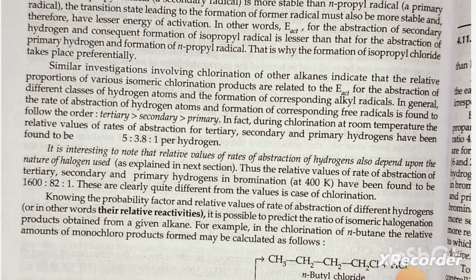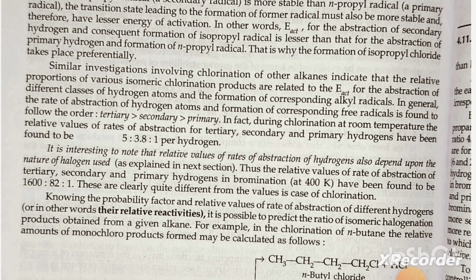Similarly, investigations involving chlorination of other alkanes indicate that the relative proportions of various isomeric chlorination products are related to the E activation for the abstraction of different classes of hydrogen atoms and the formation of the corresponding alkyl radical. In general, the rate of abstraction of hydrogen atom and the formation of the corresponding free radical is found to follow the order tertiary greater than secondary greater than primary.